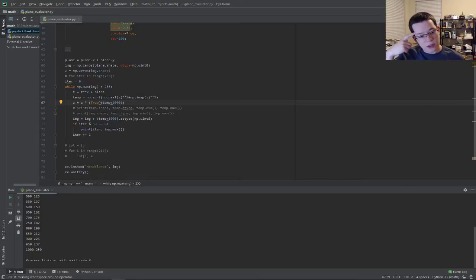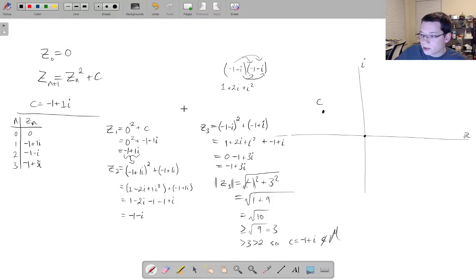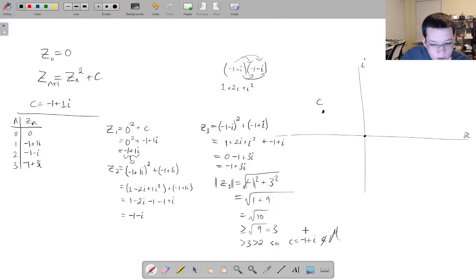Because convergence is contingent on being less than 4. Is it 4? Let's check. Nope, 2. Okay. Where'd you go? Here you are. Math. There we go.